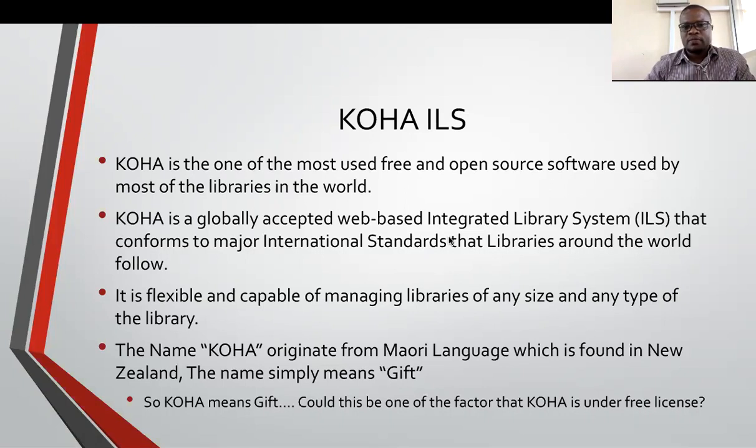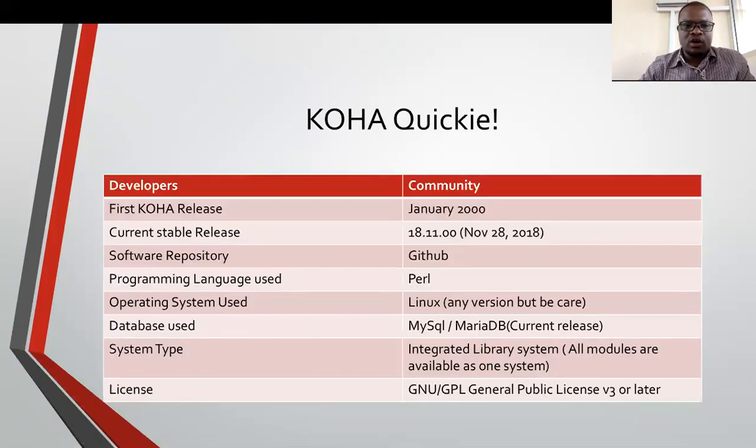Some quick facts about Koha, if you want to know. The first version of Koha was released for the public to use in January 2000, because initially it was used by a library in New Zealand.